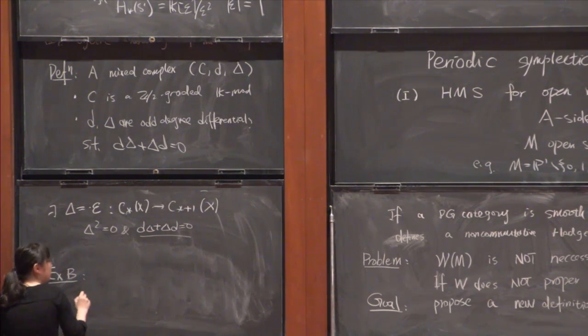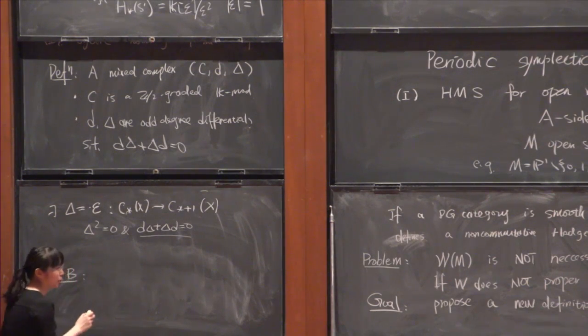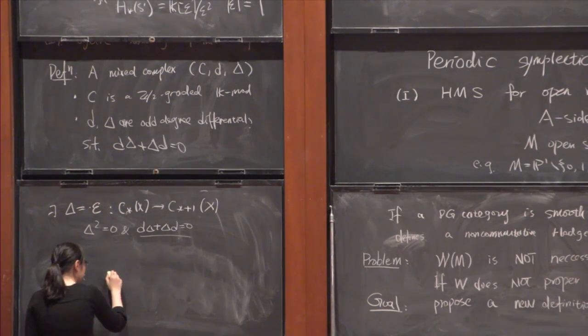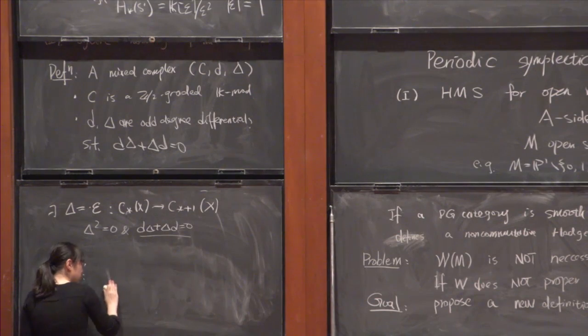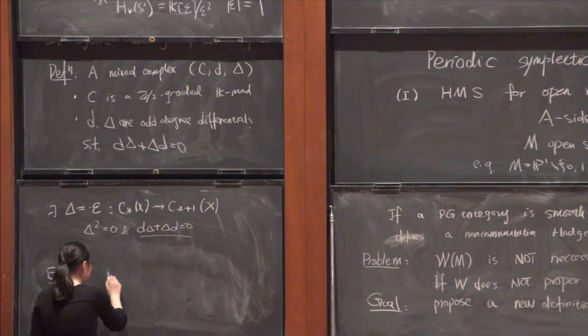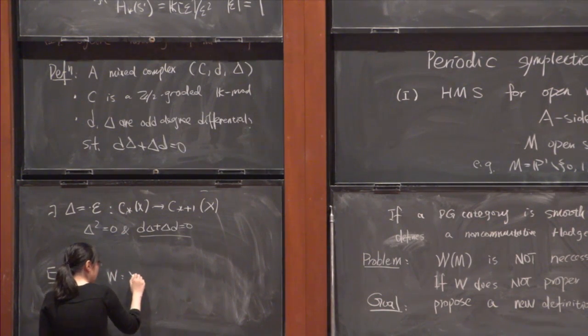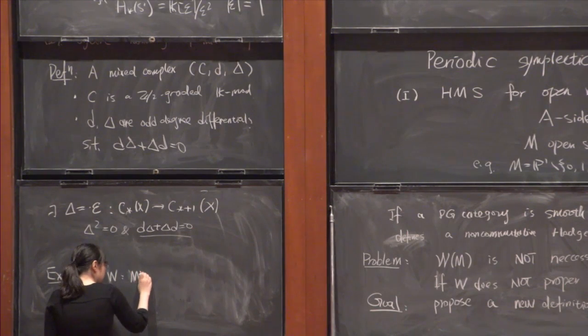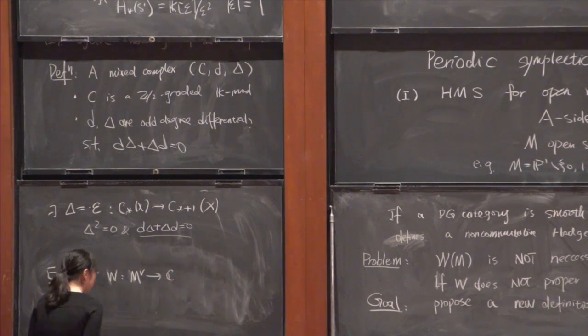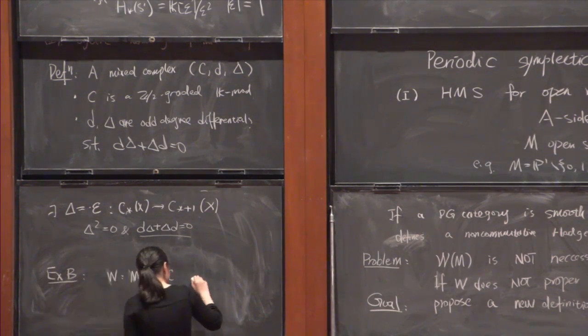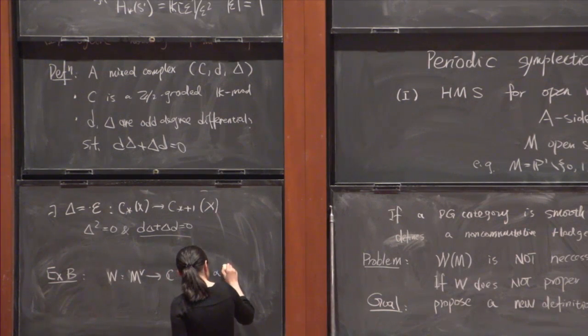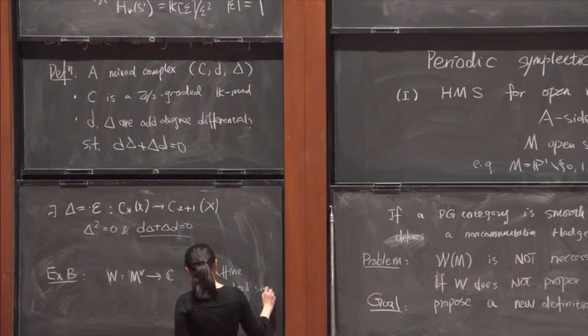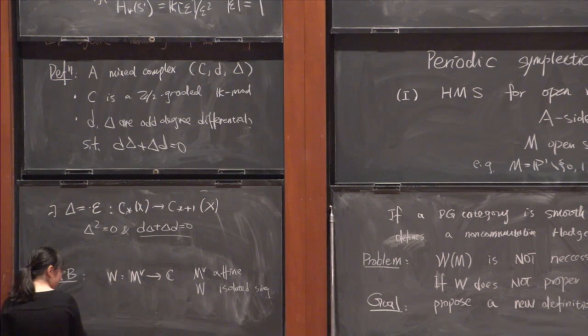Example B, let me be brief. On the B model side, you have a superpotential on the mirror side. Let's assume M is affine, and W has an isolated singularity. I think I don't really need this, but just assume it.